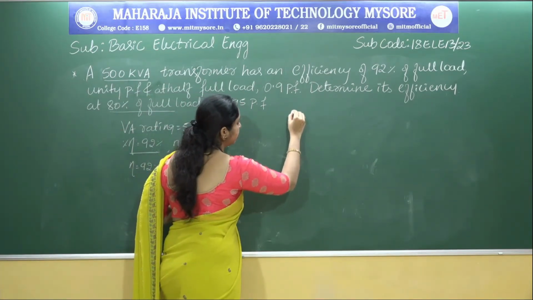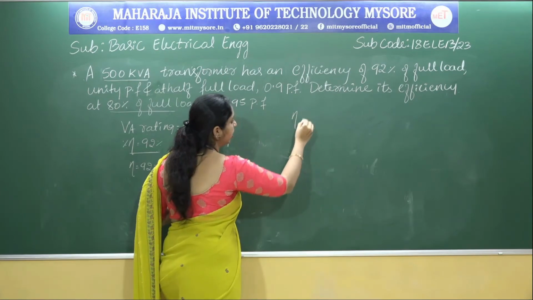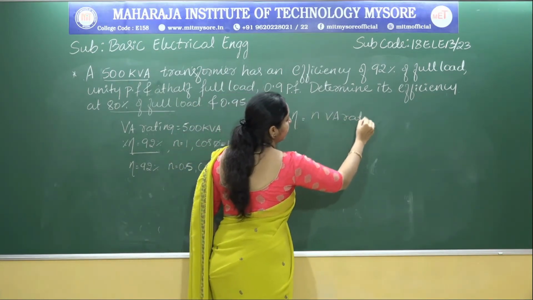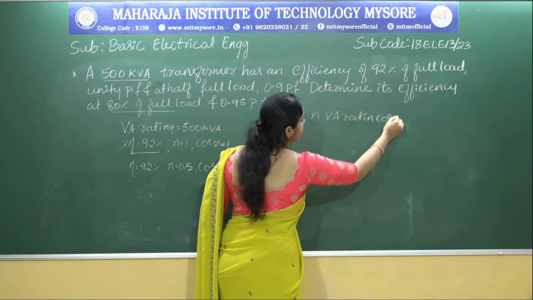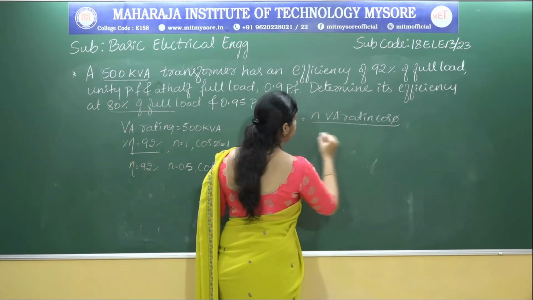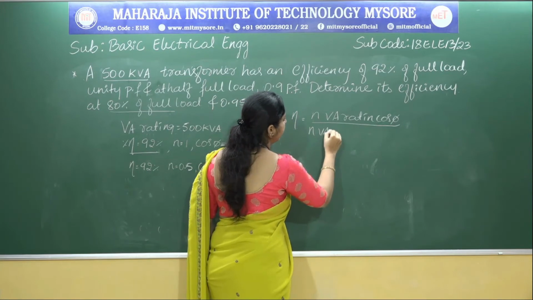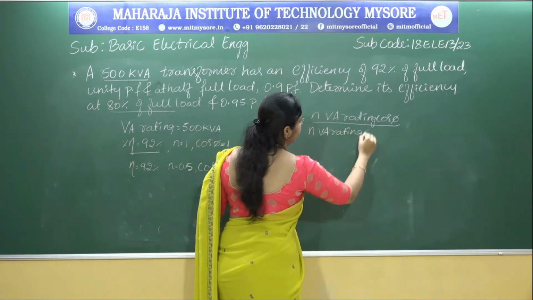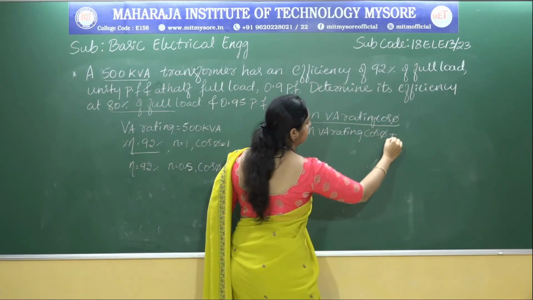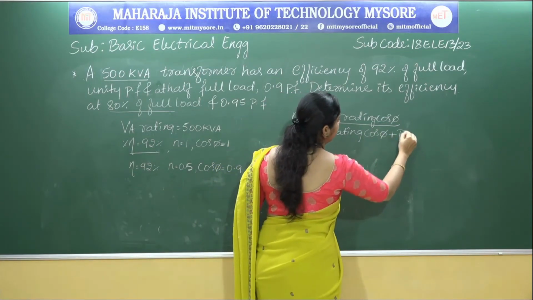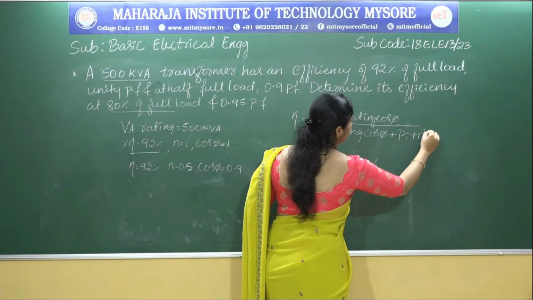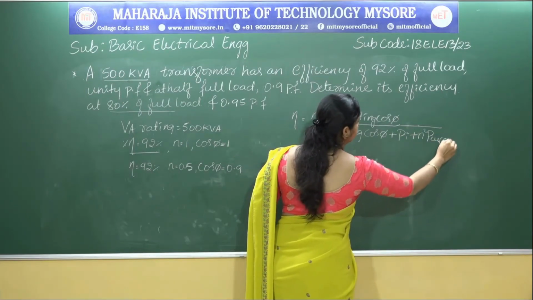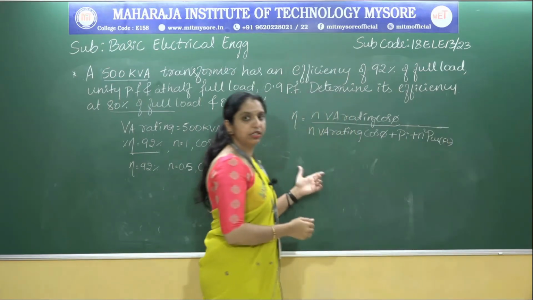We know that eta is equal to n into VA rating cos phi, divided by n into VA rating cos phi plus Pi plus n square into PCU at full load, right? So this is the equation.